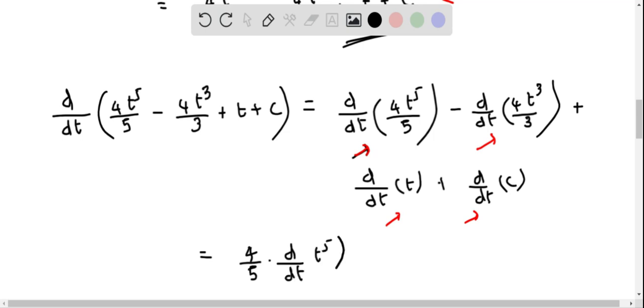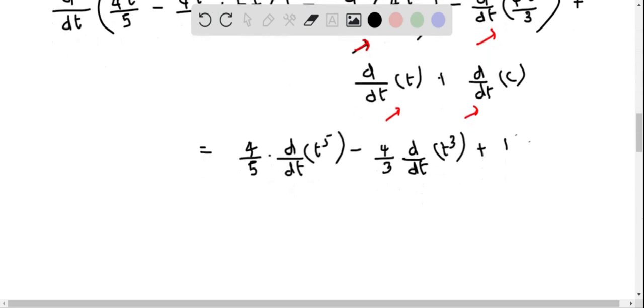So I write it down like this, and for the second term I have 4 by 3 as the constant, so I write this as d by dt of t cube. And similarly for the third term I can just write down the result of the differentiation, because differentiation of t is basically 1, plus differentiation of the constant is 0, so I can just remove this. Now let's simplify this further.